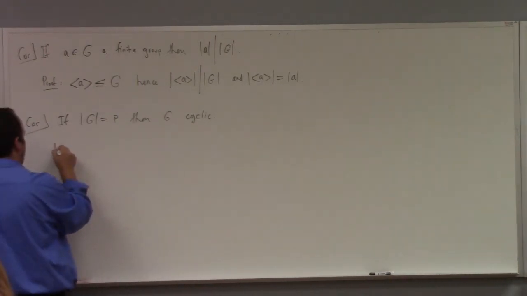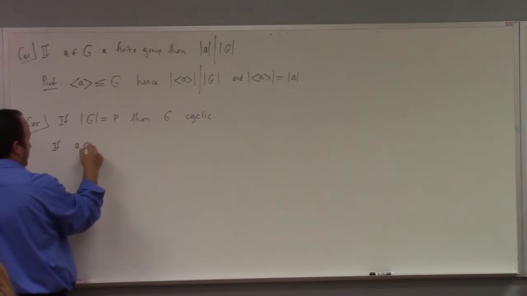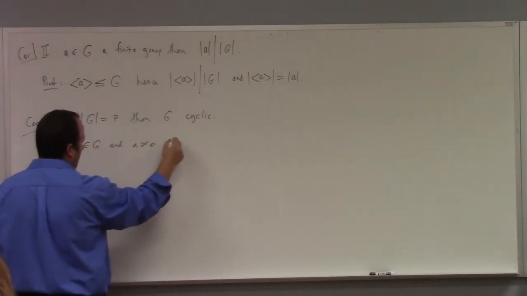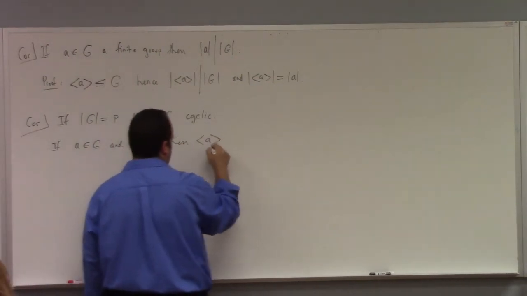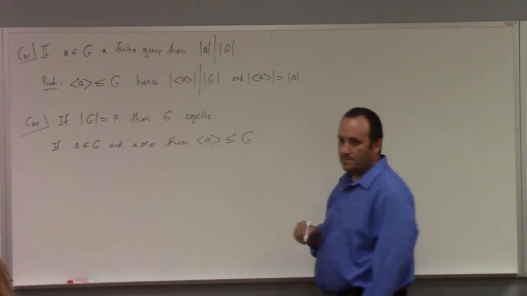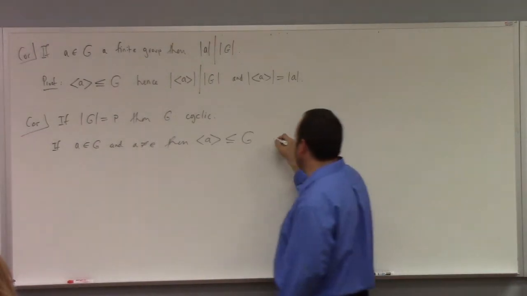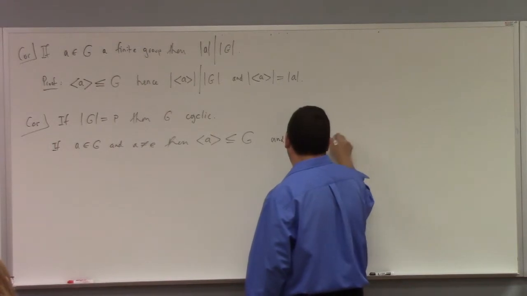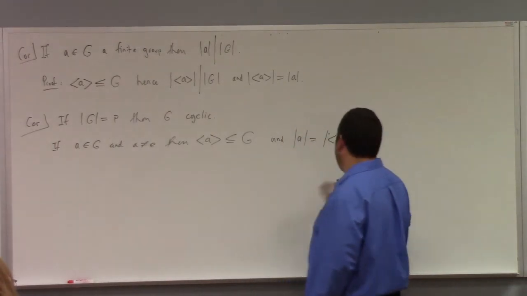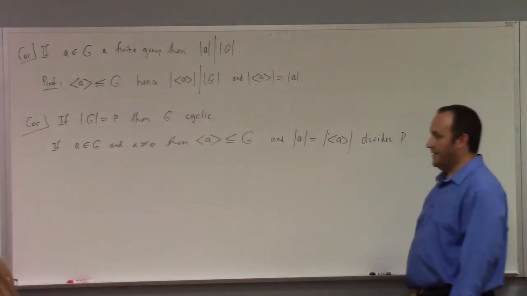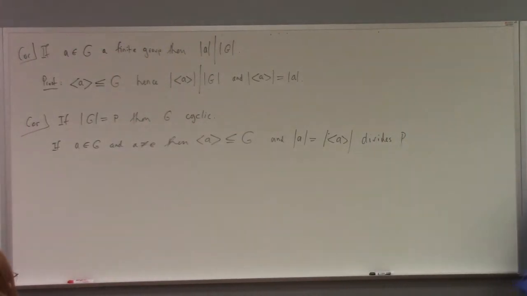If a is an element of G and a is not equal to e, then this, right, is a subgroup of G. And the order of a divides p. p being prime, your choices are either 1 or p.